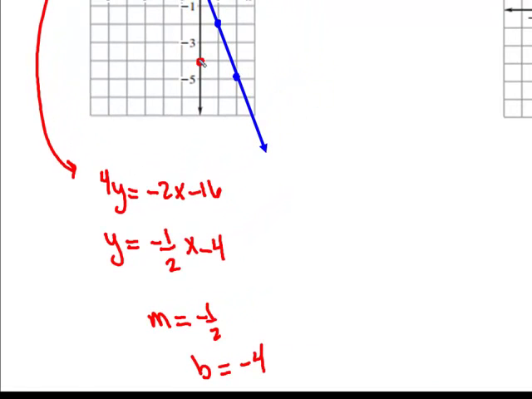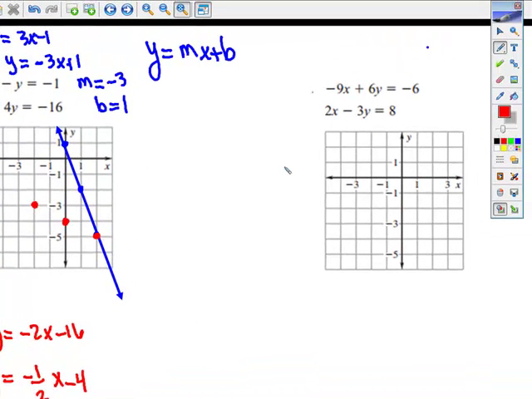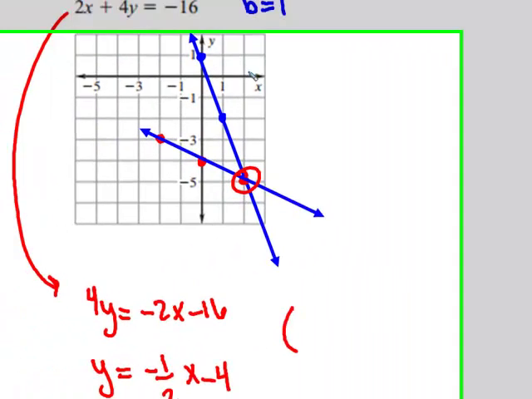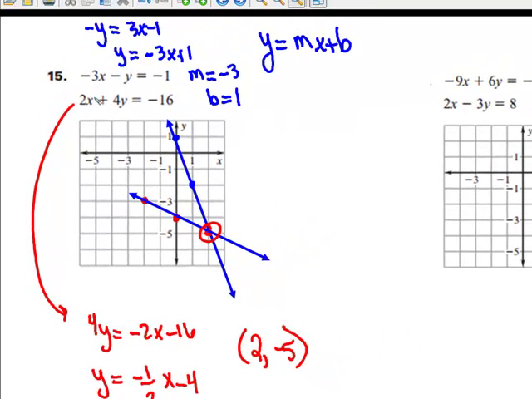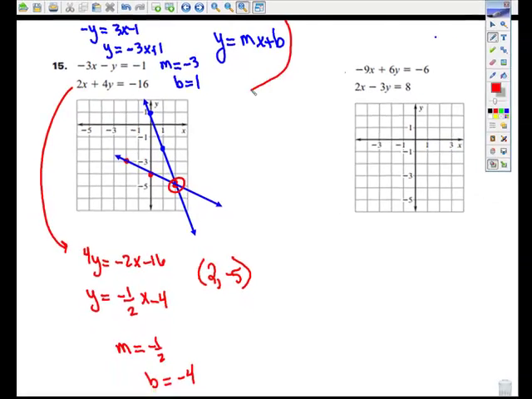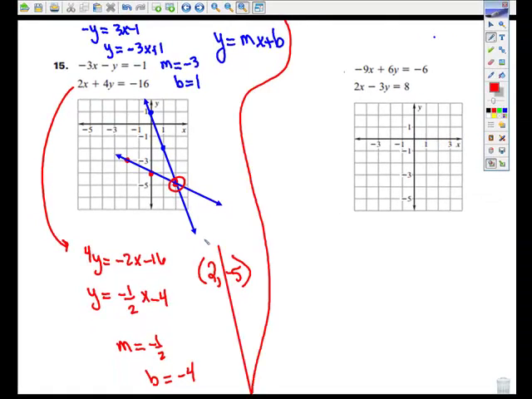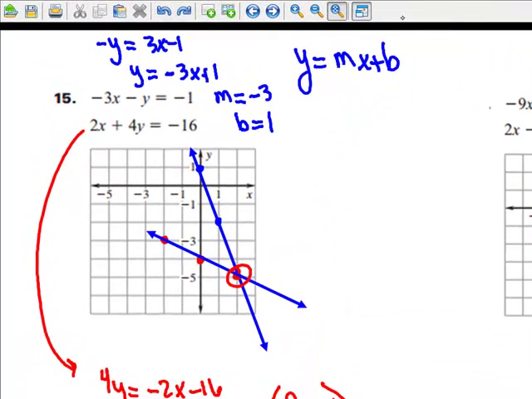So I'll come down to -4, my slope is -1/2, so I can go up 1 and to the left 2 or down 1 and to the right 2, and I can see right here that this is where my lines intersect. So my solution is (2, -5). And if I were to plug in the 2, -5 in here, it would satisfy both equations.